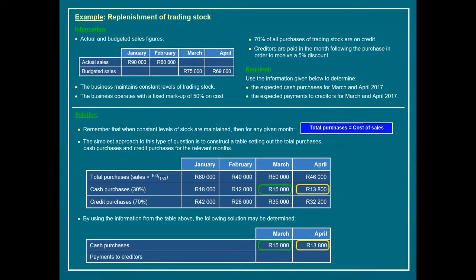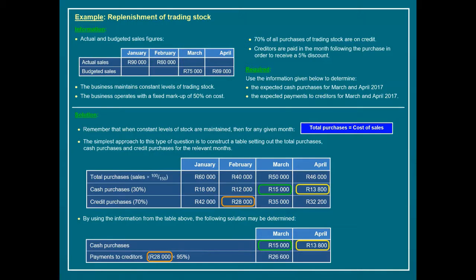Next, we can focus on payments to creditors. We know creditors are paid in the month following the purchases. So we have to look at February's purchases, because that is what we will pay in March. The 28,000 Rand times 95%, since we obtain a 5% discount, will result in 26,600.